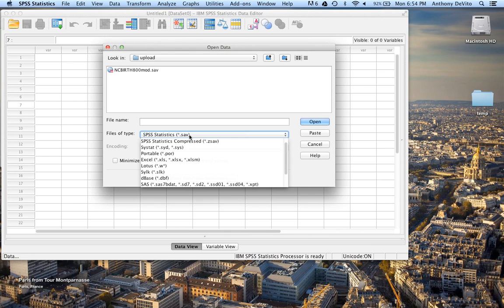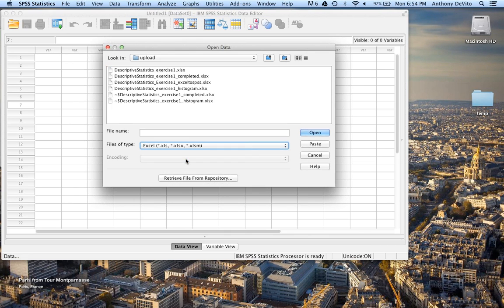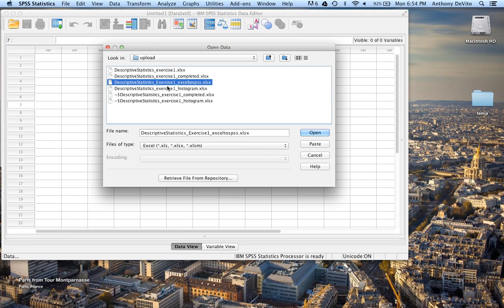So I'm going to go down here to file types. I'm going to tell it to look for Excel file types. And now you can see all of the Excel files that were on Blackboard are now visible to me that weren't before. So I'm going to click on this one that says Excel, Descriptive Statistics, Exercise 1, Excel to SPSS, .xls, and I'm going to say Open.